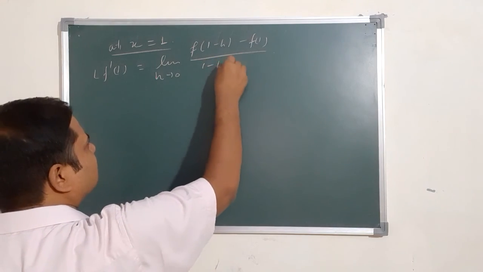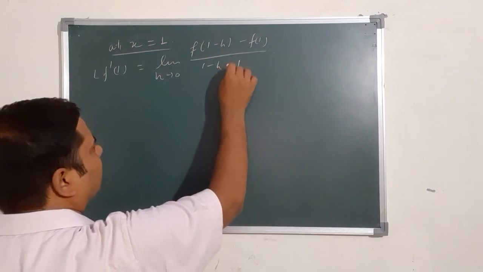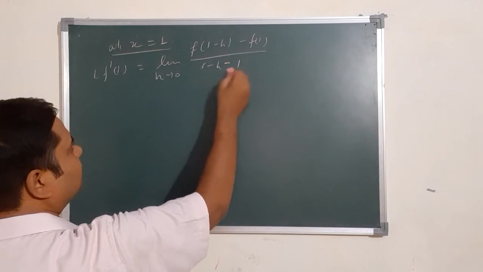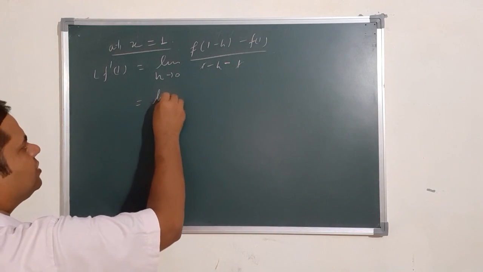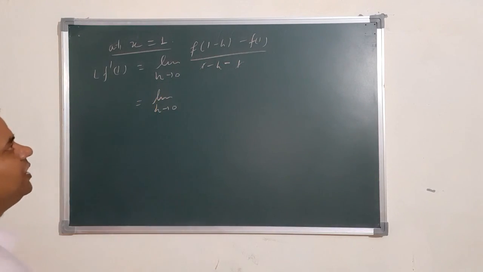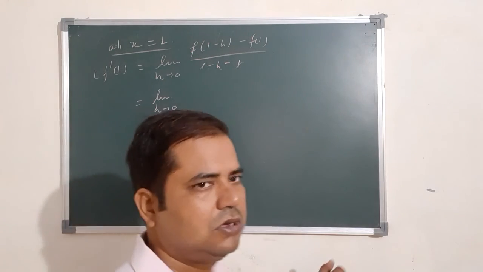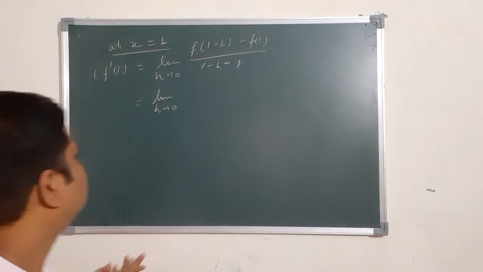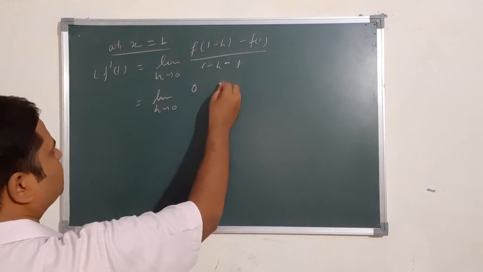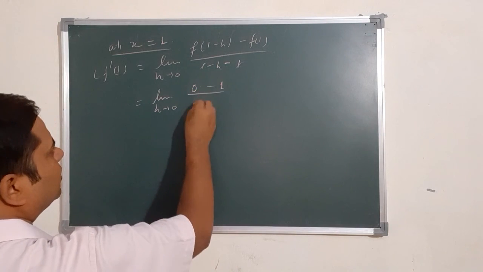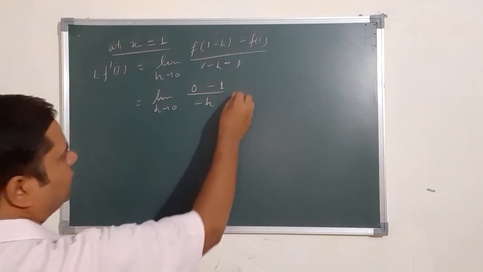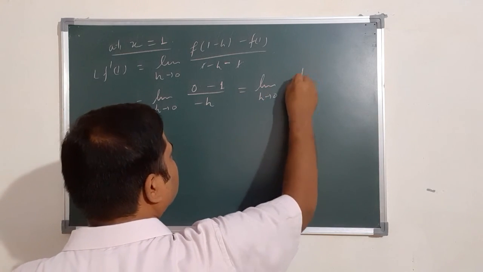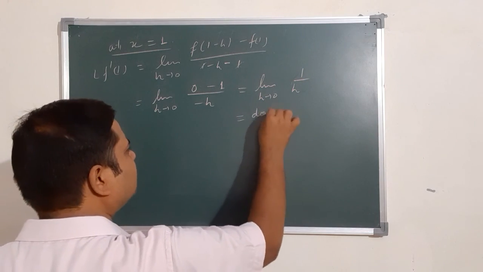Here 1 minus h is a quantity less than 1, so at less than 1 the bracket function is 0 only, and f(1) is 1 only, divided by minus h, and this is limit h tends to 0 of 1 upon h, and you know very well it does not exist.